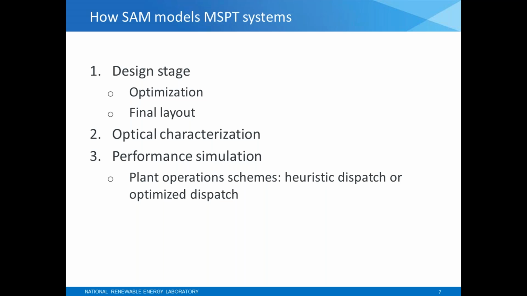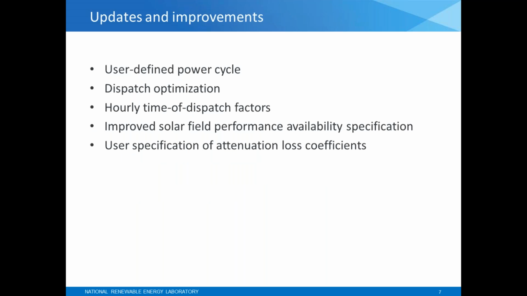This is a set of rules that determine when and to what extent power is being generated in the cycle. As opposed to heuristic, you have optimized dispatch, which is considering that operation in a much more robust and sort of planned ahead manner. So we'll talk more about that as we get in here.